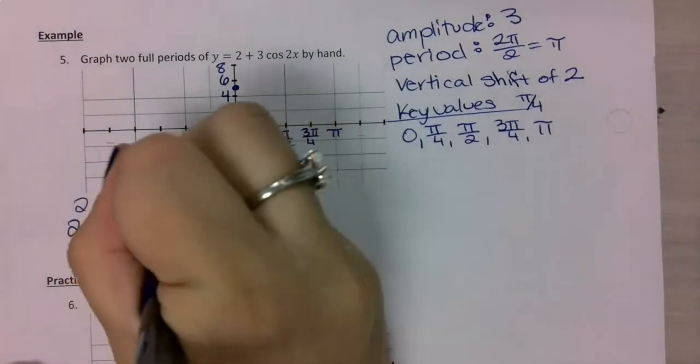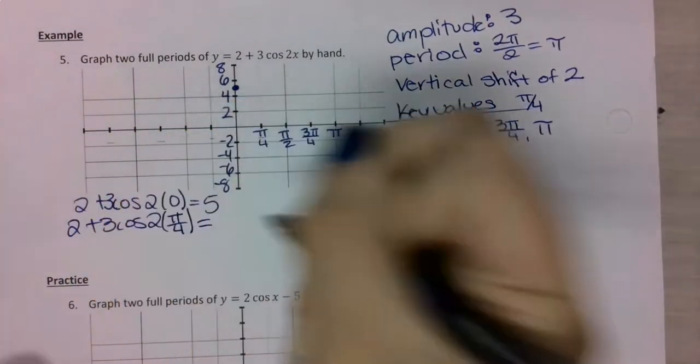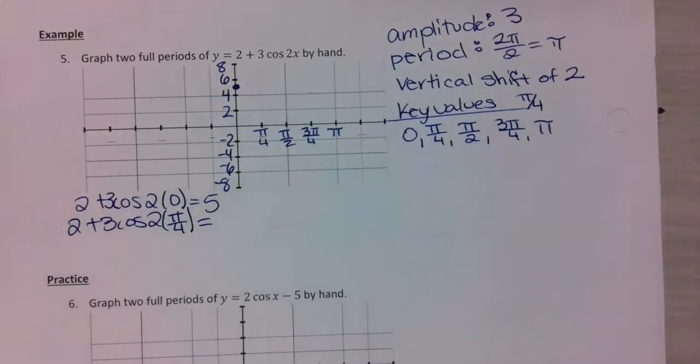So then I'm going to do the same thing for pi fourths. What does this get me? Two.